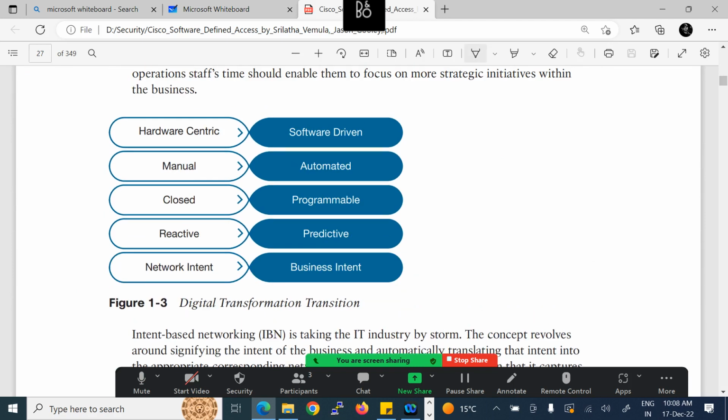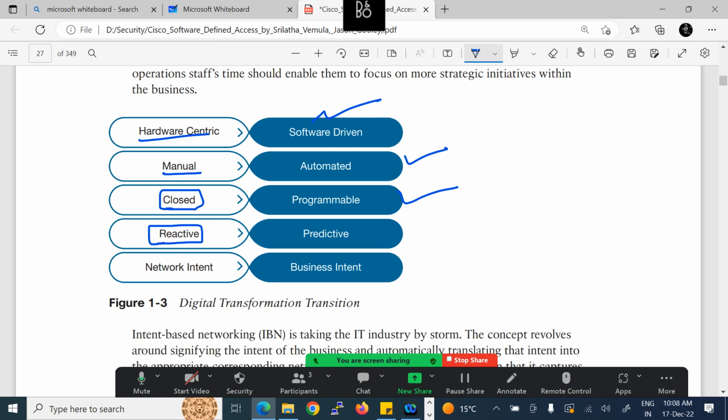Right now configuration is hardware centric, we want it software driven. Configuration is manual, we want it automated. The configuration is closed because we don't have any variable or any other thing, but we want to make it programmable. Reactive means if something happens, then we only react according to that, right? But in software defined networking, the software is continuously monitoring the network, continuously keeping a record of the network devices' health, amount of traffic, latency, all of that stuff.